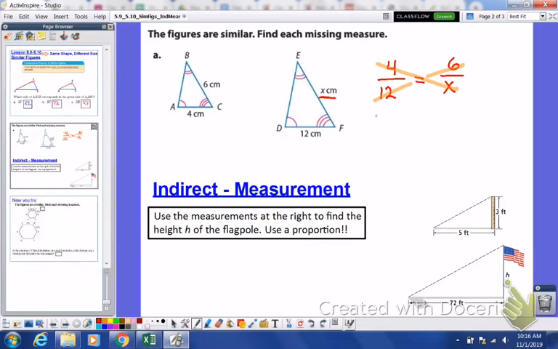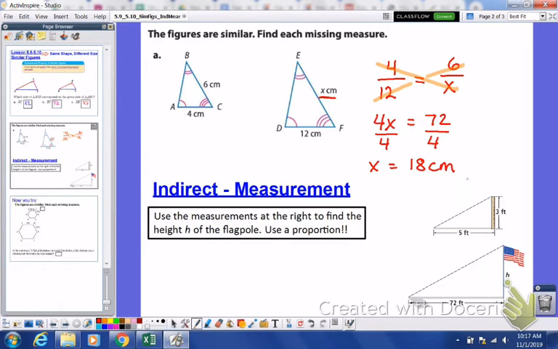So 4 times X, 4X equals 12 times 6, which is 72. Divide both sides by 4, and we get that X equals 72 divided by 4, which is 18.